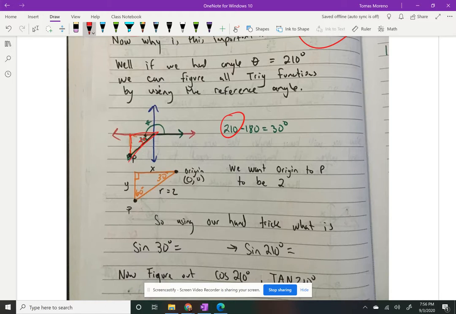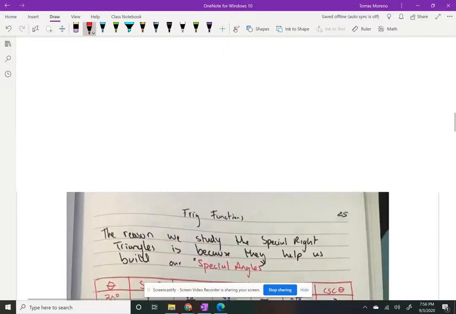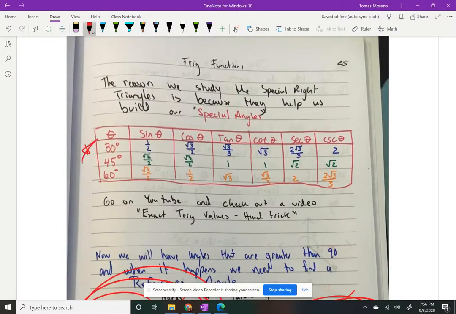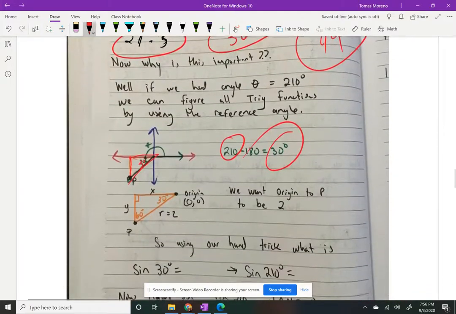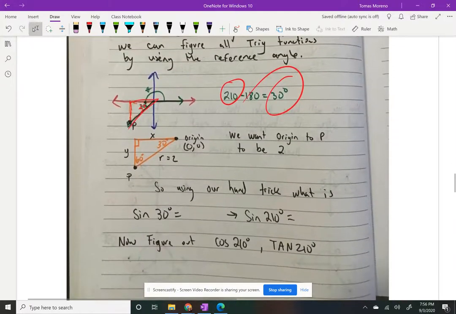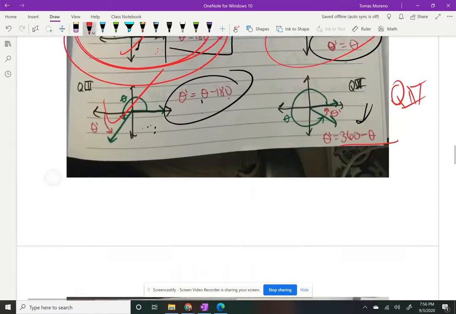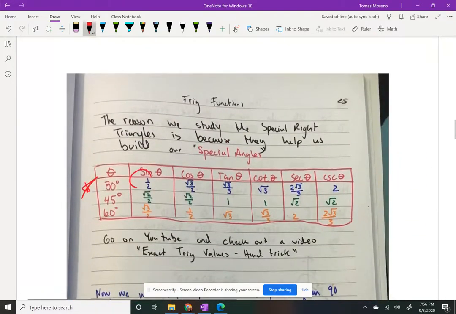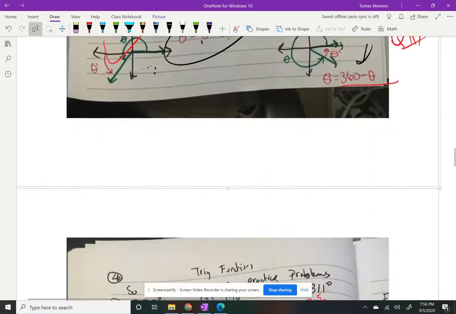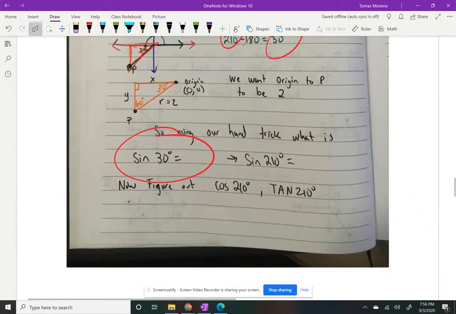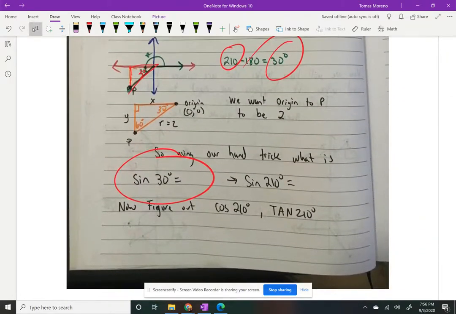I want to deal with small numbers that I know. And guess what? 30 degrees goes back to our table. It pops up all the time. These numbers are going to be popping up all the time. So if we wanted to know what sine of 30 is, can we almost anticipate what it's going to be? It's so easy.